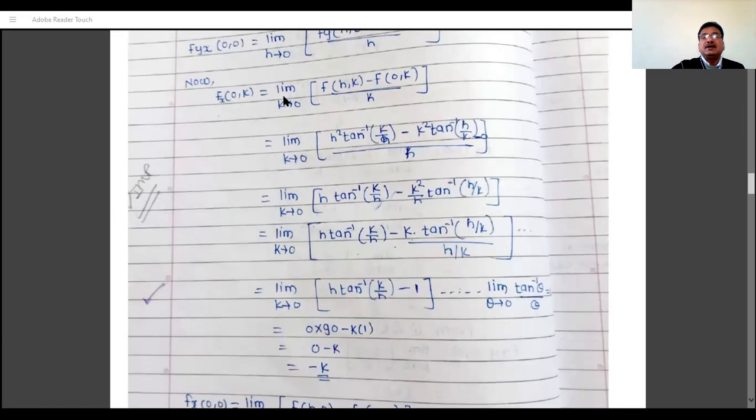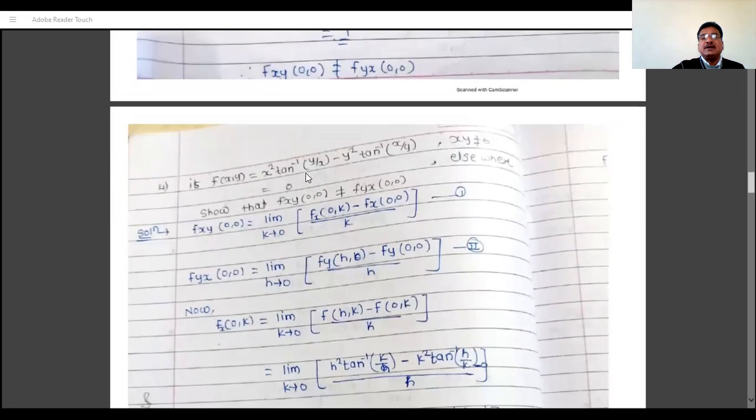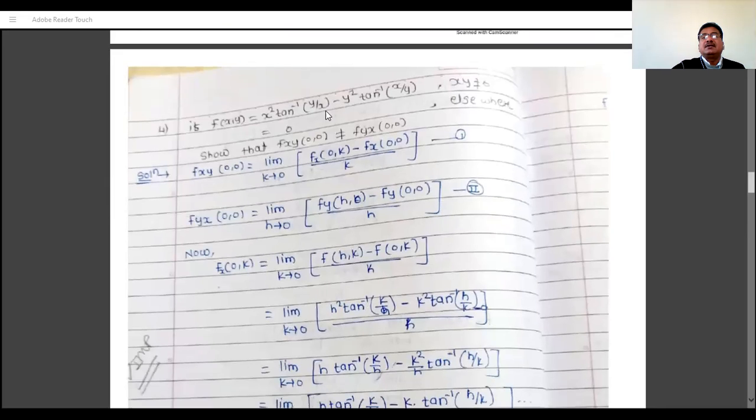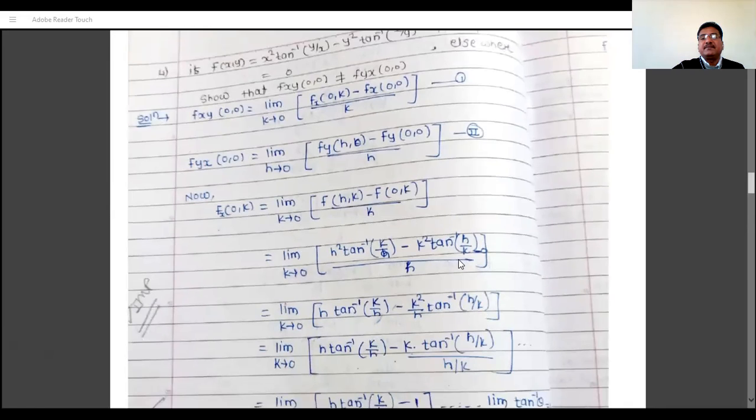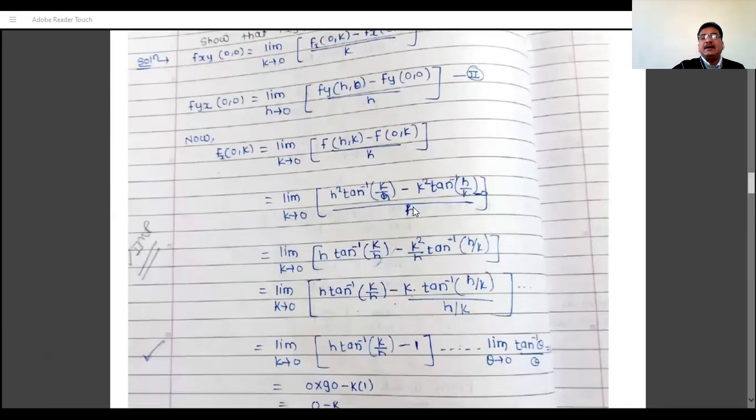So write h here, write h here. Then this is correct. Write only h in the place of k. And then write f(h,k) as h squared tan inverse of k by h, minus k squared tan inverse of h by k, minus fy(0,0) which is 0, divided by h, right?